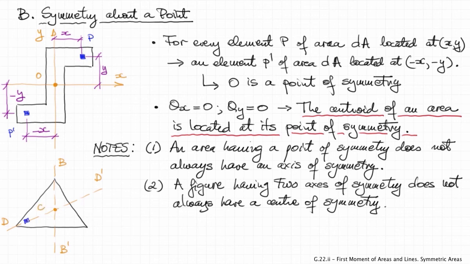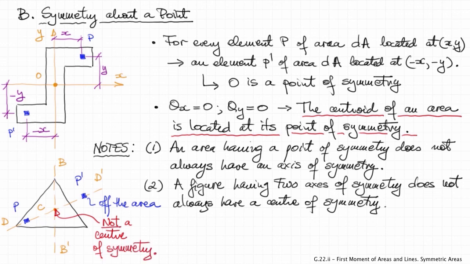And now if we check the above condition, this would be element P, and we select another element P prime equally spaced on the other side of C, the intersection of the lines of symmetry. Well, element P prime falls off the area. It's not part of the area, so therefore C, the intersection of these two axes of symmetry, is not also a center of symmetry.